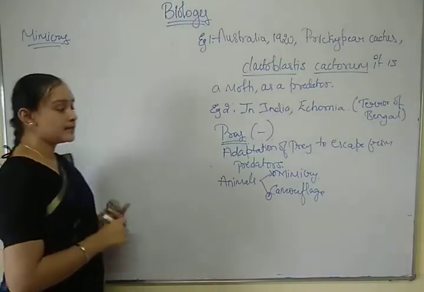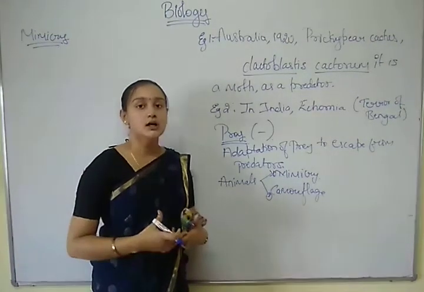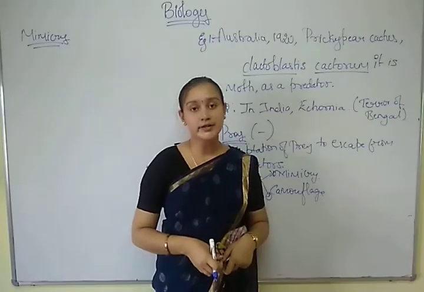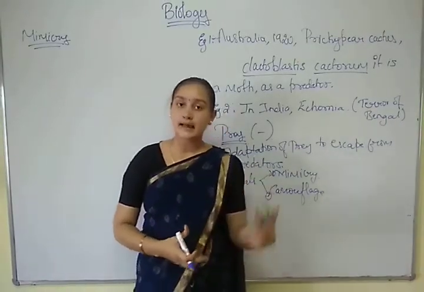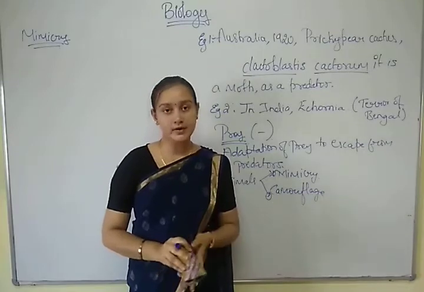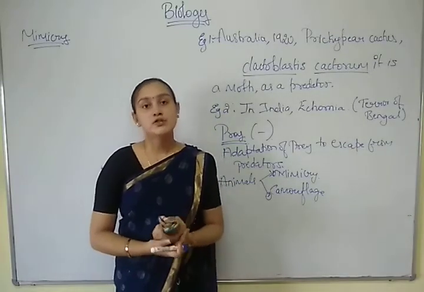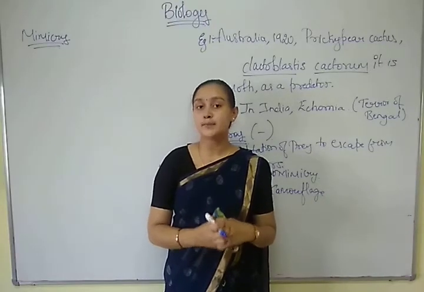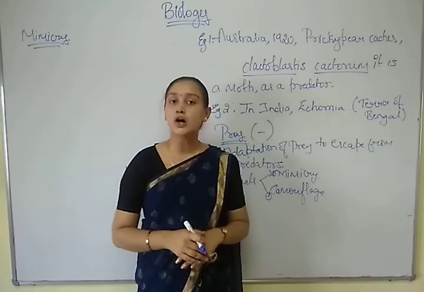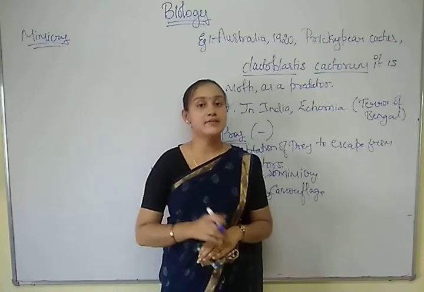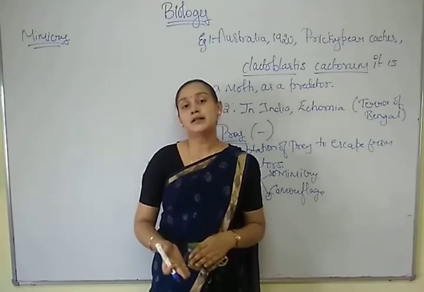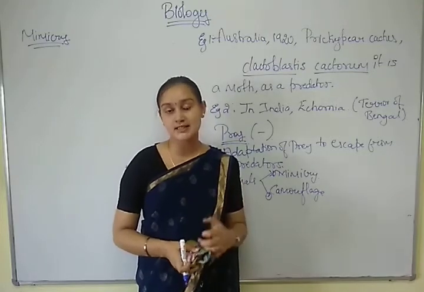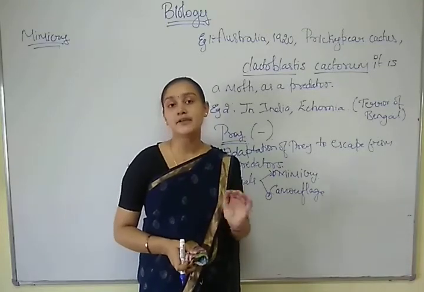Mimicry means copying the particular character of an organism. For example, we know that the cobra snake is very poisonous and it has a hood, right? Now, some other non-poisonous snake also has the hood.